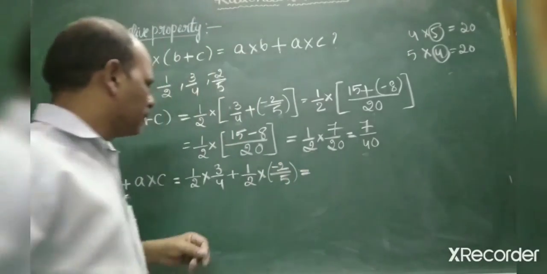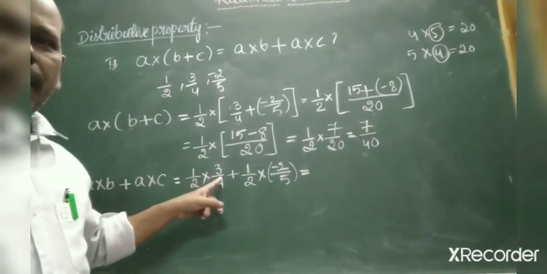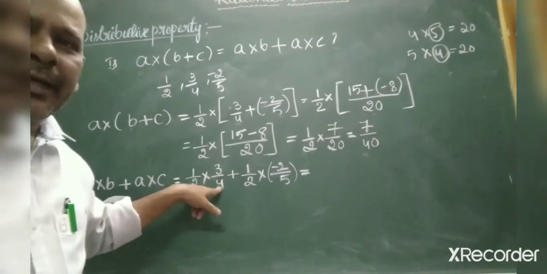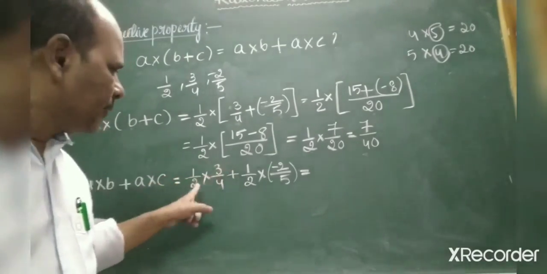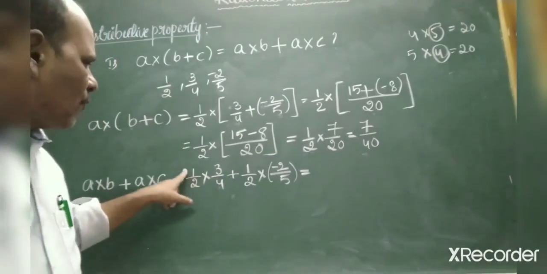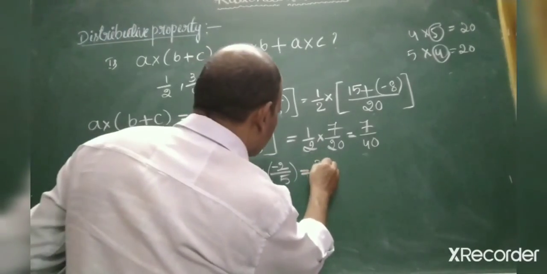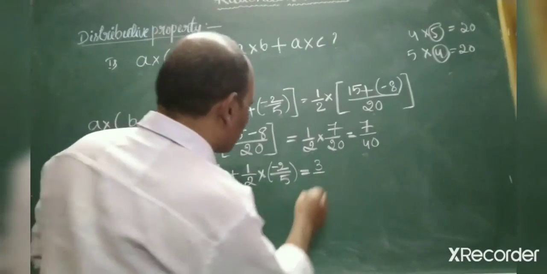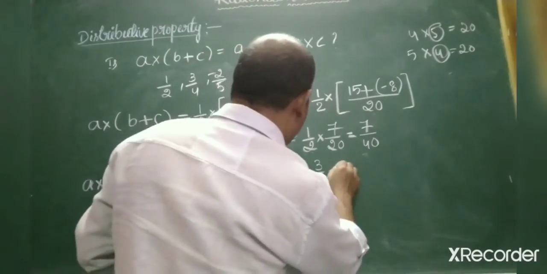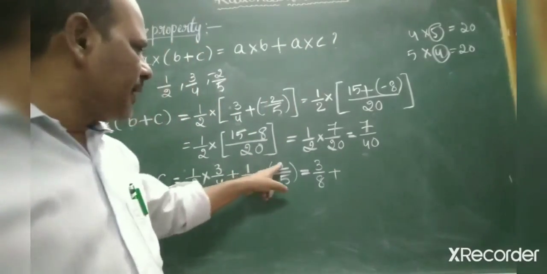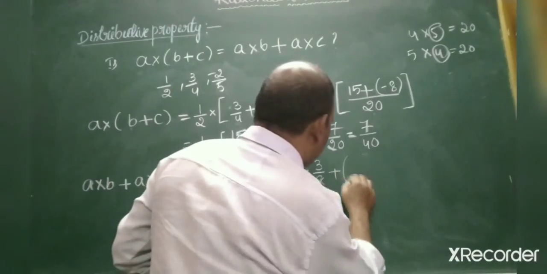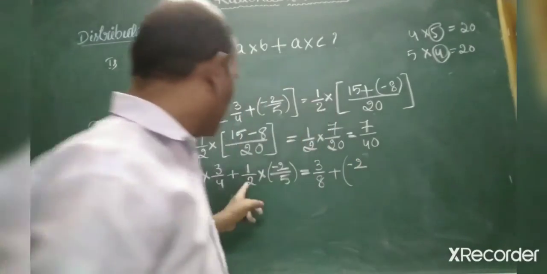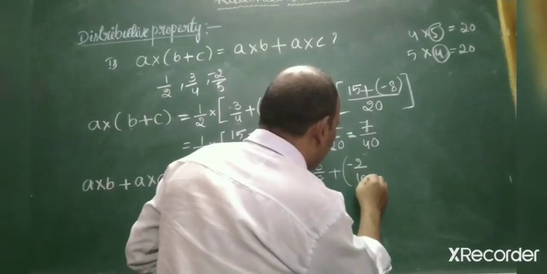When you are multiplying two rational numbers, you have to multiply numerator into numerator and denominator into denominator. 1 into 3, 3 by 2 4s are 8, plus 1 into minus 2, minus 2, 2 5s are 10.